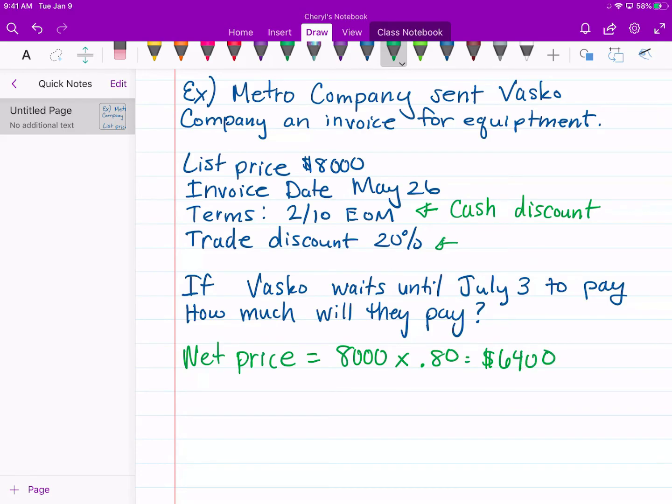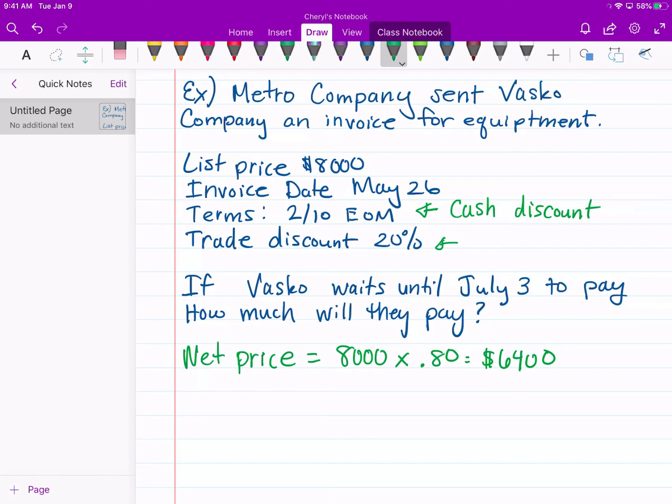Okay, now that we have the net price, we can figure out what the cash discount is, what that discount would be for the extra incentive for paying early. The terms say it's 2/10 end of month. The end of month rules state that if the invoice date is after the 25th, the end of the discount period, when you can get that extra cash discount, is 2 months out on the 10th day.